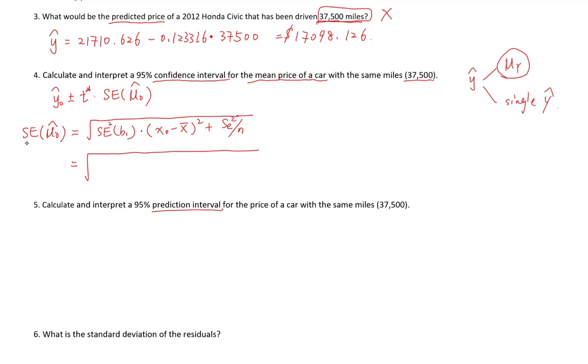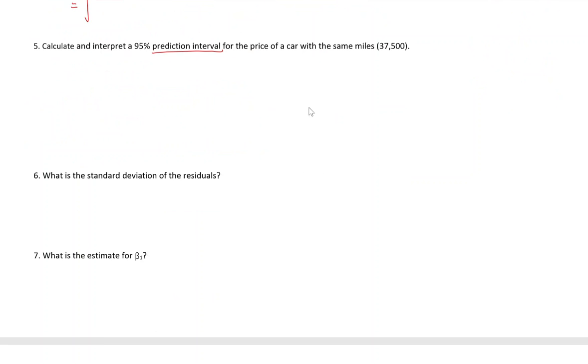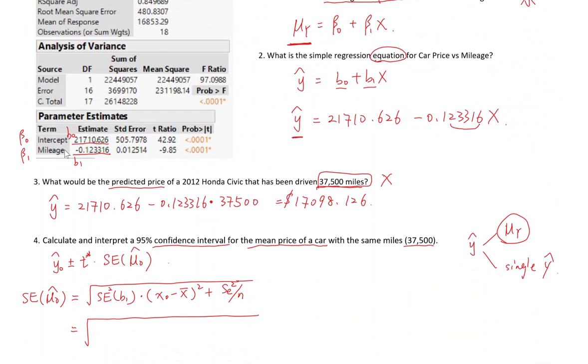Okay, so now let's calculate the standard error of mu 0 hat. First, you need to find the standard error of b1, right? So where is the standard error of b1? In the parameter estimate table, the first row is about beta 0, the second row is about beta 1, right? So we have B0, B1, and correspondingly for this column, it is the standard error of B0, standard error of B1.